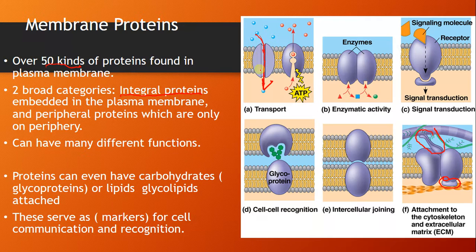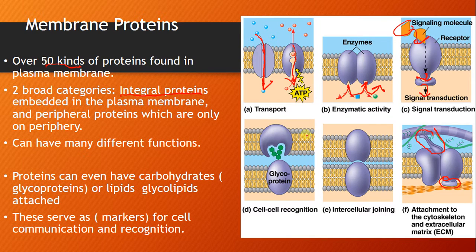Some are just like tunnels. Some require energy to pump. Other proteins catalyze enzymatic reactions that are important to the cell membrane. Some act as signal receptors, so a molecule might bind with an integral protein in the plasma membrane, and that protein might send a signal into the cell to tell it to do something different.